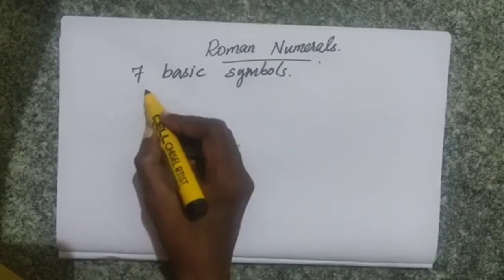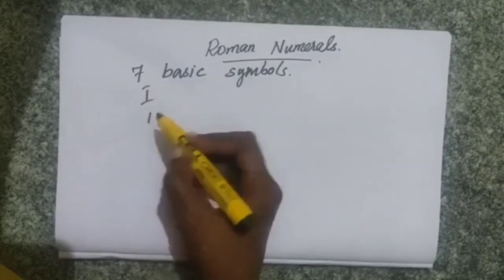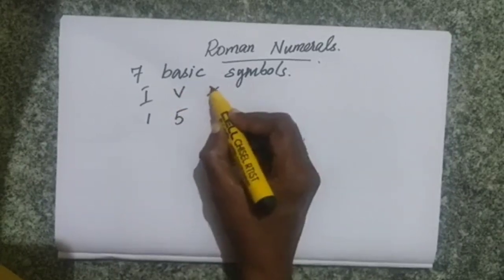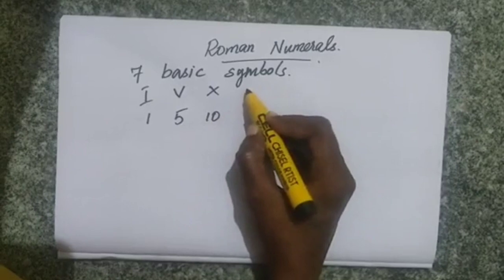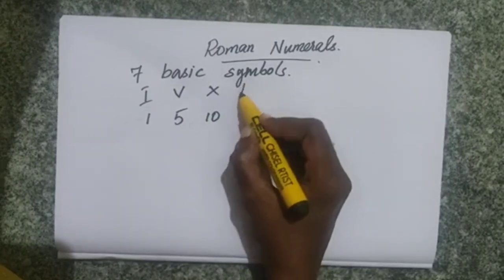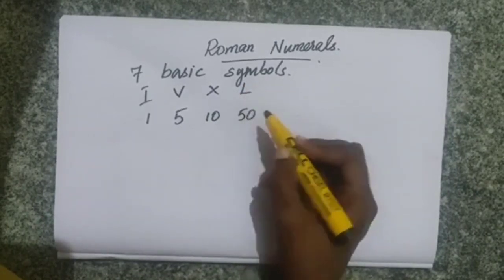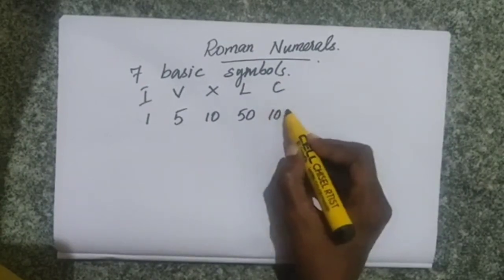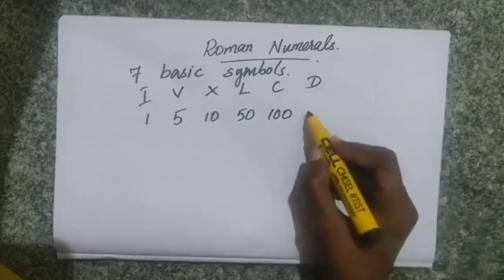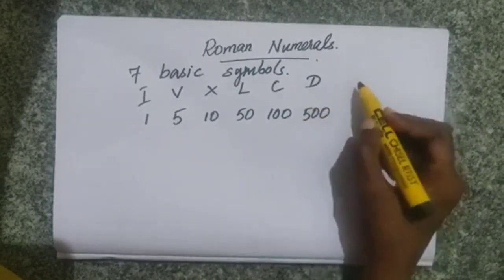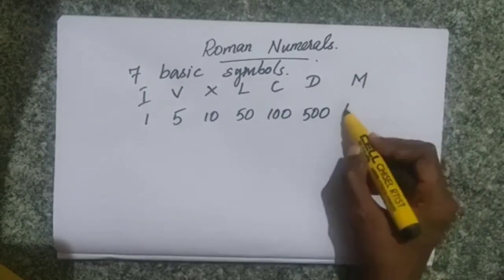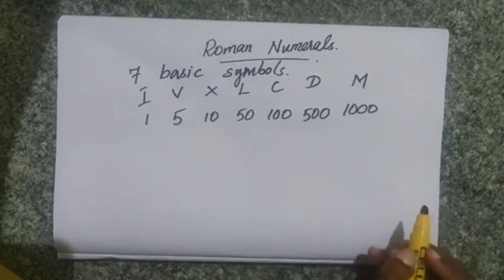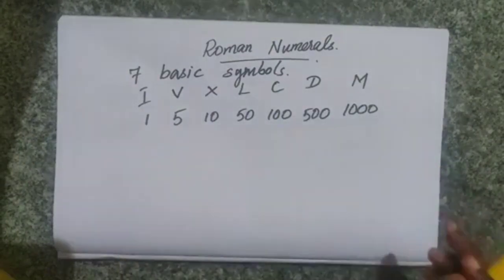They are I for 1, V for 5, X for 10, and L for 50, C for 100, D for 500, and M for 1000. So these are the 7 basic symbols of Roman numerals. So this you must know by heart.